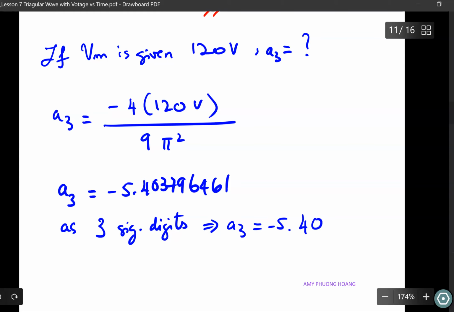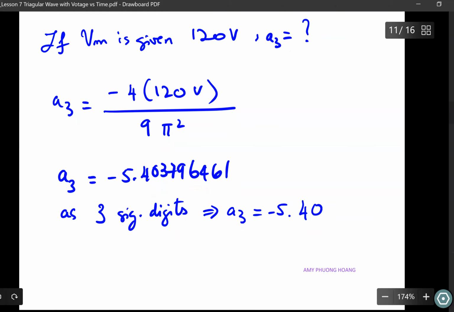As 3 decimal places, then we look at the next digit, 7, so A3 will be equal to minus 5.404.